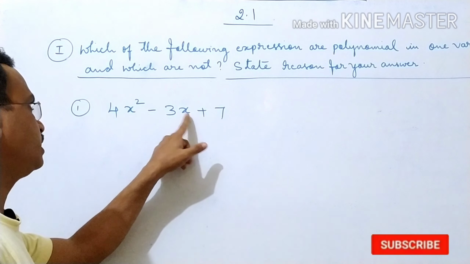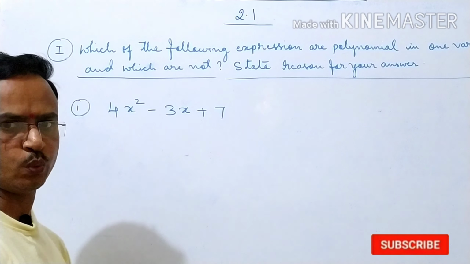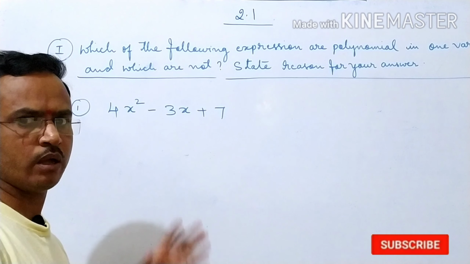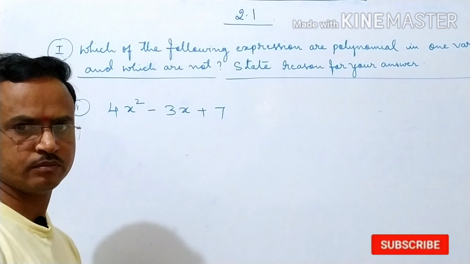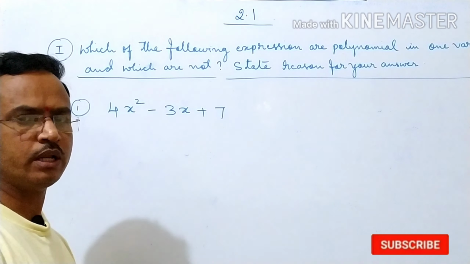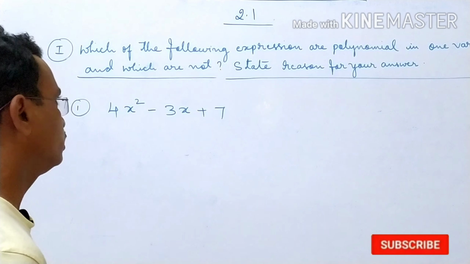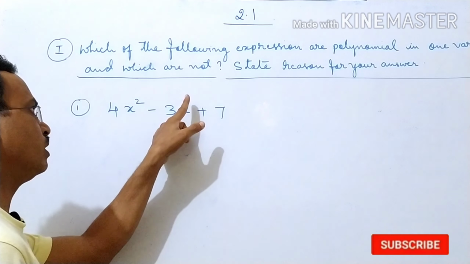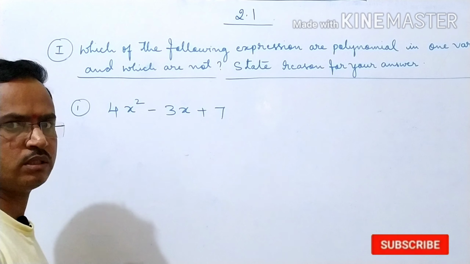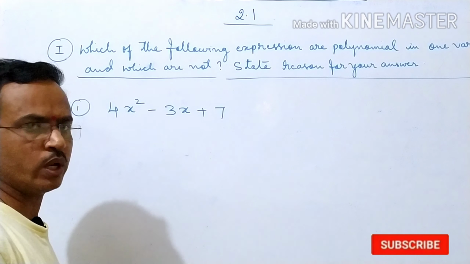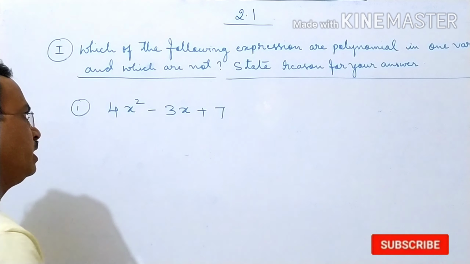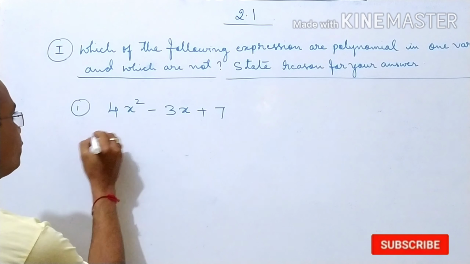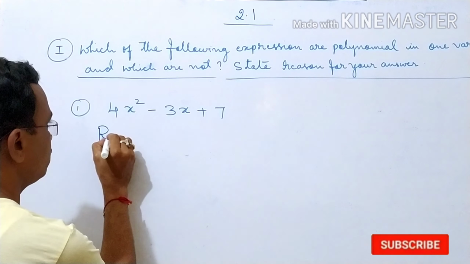because here the power of x is plus 2, a positive number, a non-negative integer. In the second term also, the variable power is 1. That means each term's power is a non-negative integer. What should we write here?